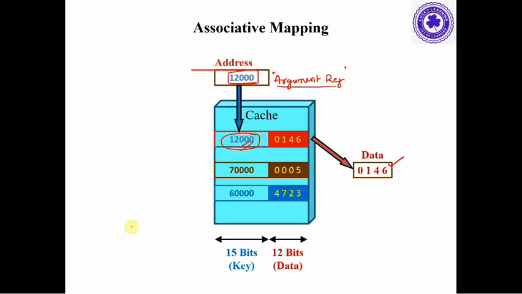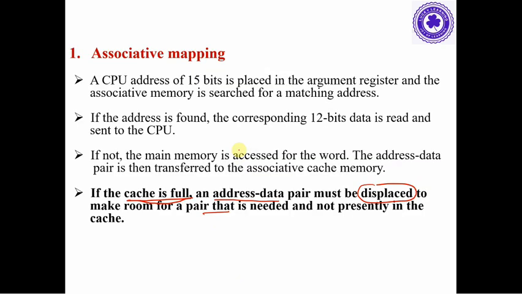Suppose it is required to store some word into the cache, and assuming the cache is full, it will replace one of the cache words with another word. Suppose another word is in location 12777 and the data is 1234; if the cache is full, it will replace one of the cache words with another word from the memory. Fine. But the drawback with associative mapping is that associative memory is very costly.